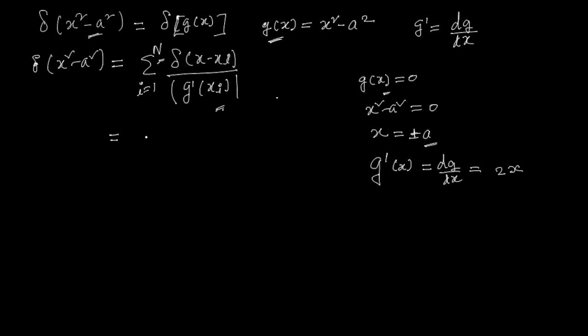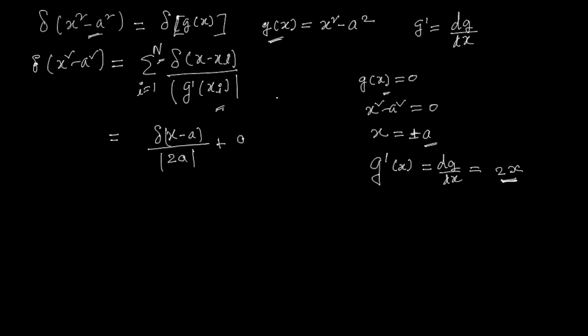If we put first plus a, we'll get delta of x minus a, and then the first derivative of g(x), that will be 2x, and we replace this x by the first solution, x equals a. So we'll get 2a. Mod of 2a will be 2a.